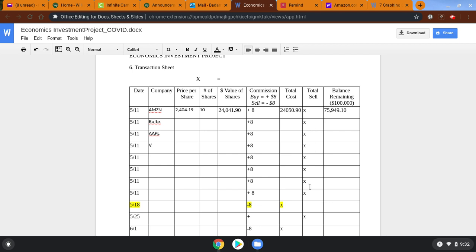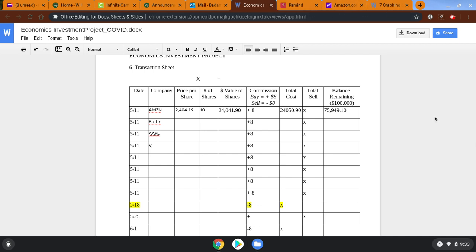So we're just going to blank that out right now. So how do you know what your remaining balance is? You started with $100,000 minus the $24,050.90 equals $75,949.10.